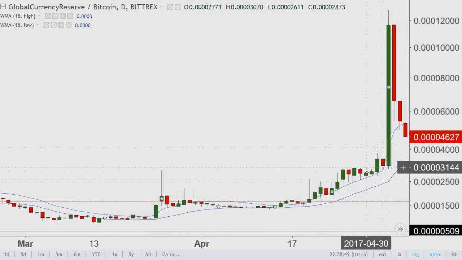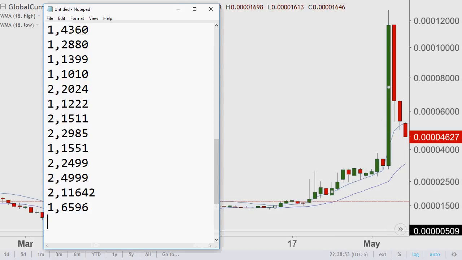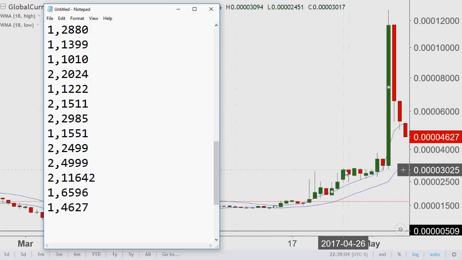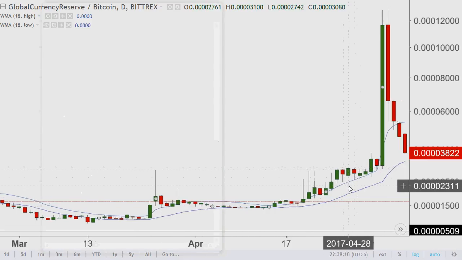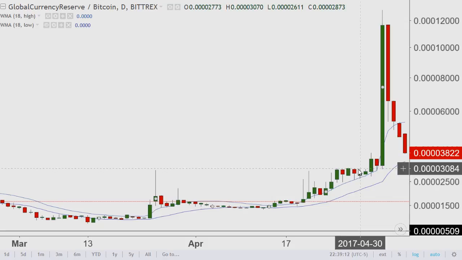Okay, so now the question is 46.27. I would think that I'm going to want to put another order in. But I wouldn't buy again until maybe this previous level around 3,000. 38.22. I'll put a buy order in for 3,000, roll the dice.